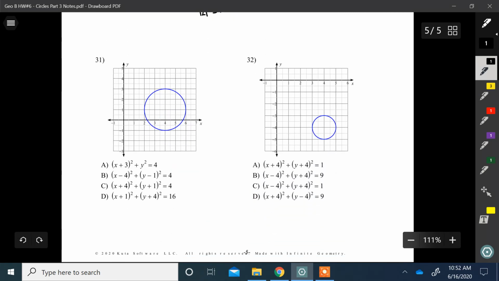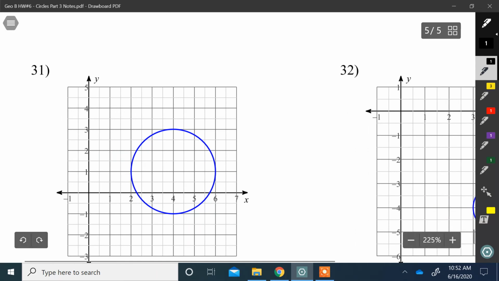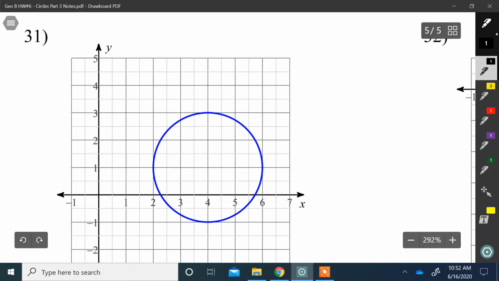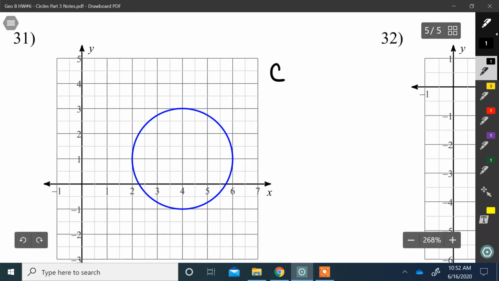Alright, number 31. This one's probably the hardest one, but it's still pretty easy, guys. Okay? What you have to do on this one here is locate, because remember the formula needs the following.